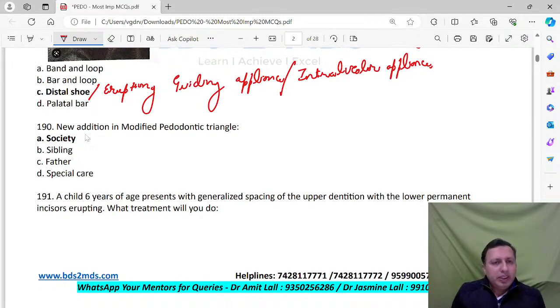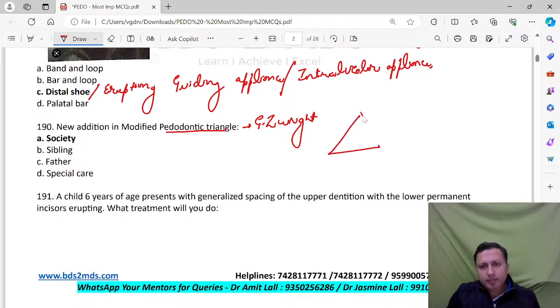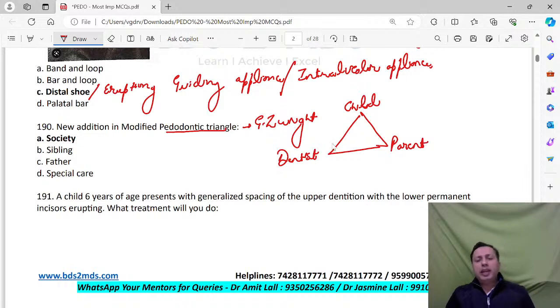Now the next question they are asking is, what is the new addition in the modified pedodontic triangle. This pedodontic triangle was given by G.Z. Wright, and the child is at the apex of the triangle, and the dentist and the parent are on either side of the triangle.